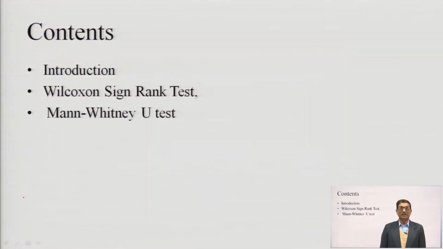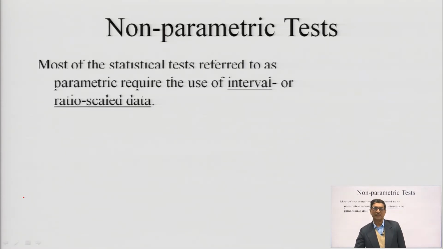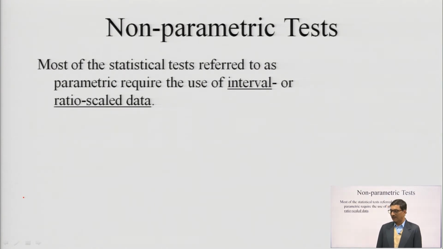In this lecture, we will cover the introduction of non-parametric tests, then we will read the Wilcoxon sign rank test and then the Mann-Whitney U test. First of all, non-parametric tests are tests of significance, that means to test the significance of the data.